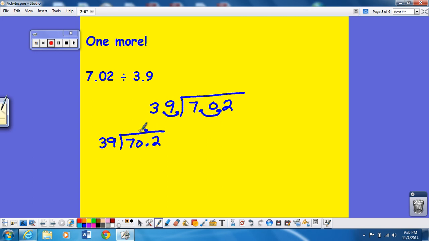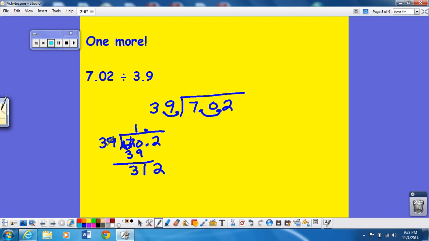Bring that baby up and be done with it. 39 goes into 70 one time. 1 times 39 is 39. Let's subtract. Whoops, that should be a 6. 10 minus 9 is 1. Okay, bring down. 39 into 312. I'm going to use my cover method. 39 is almost 40.